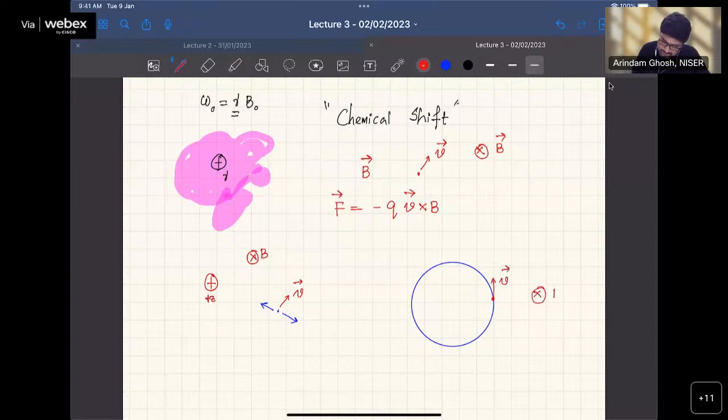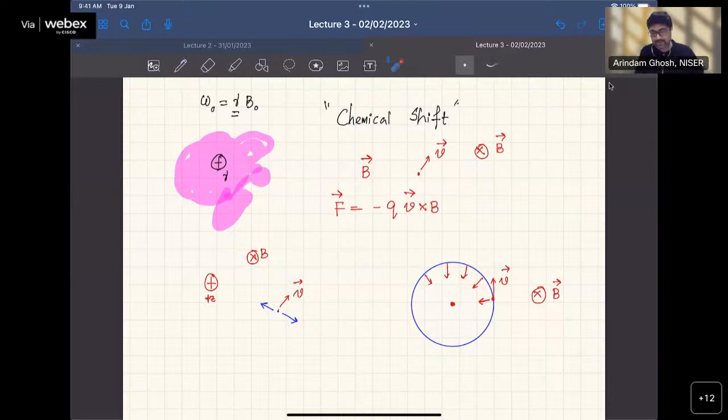This is the B, and this is the center, where the nucleus is, and the Lorentz force is going to be directly towards it. In each position it is going to be towards the center. So therefore it is going to move in a circle.